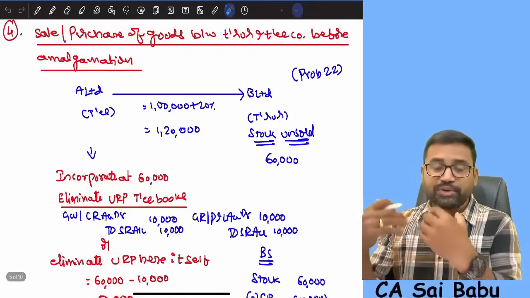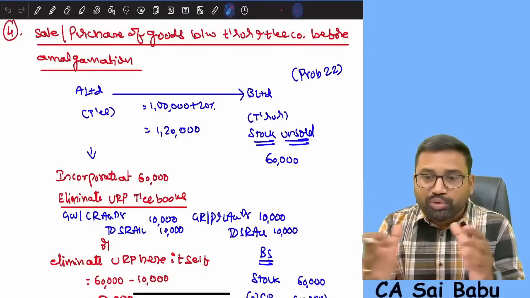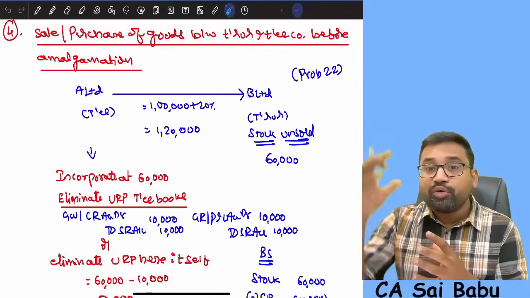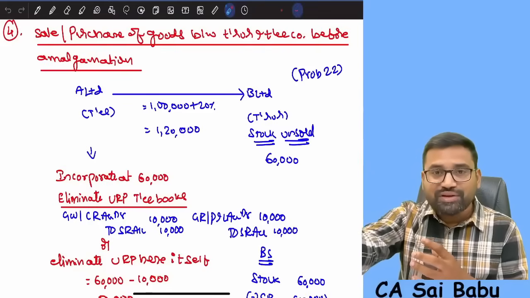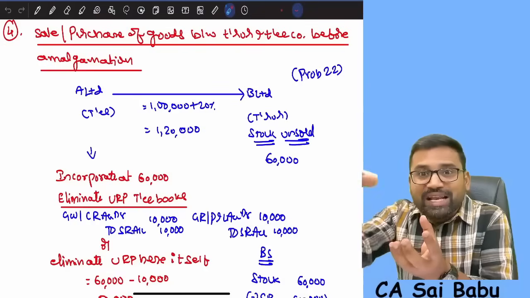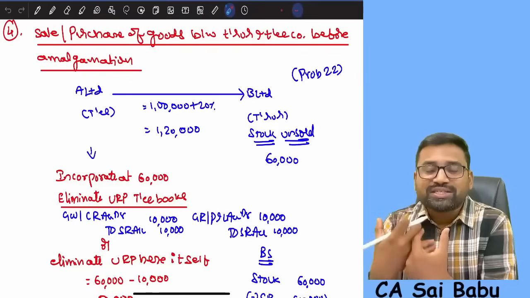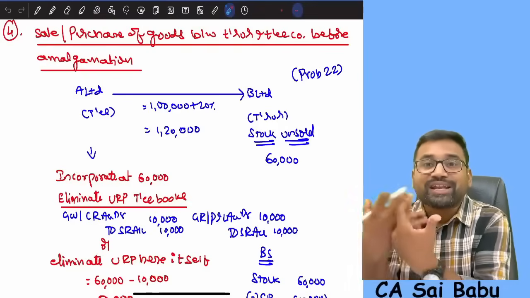When the transferee company sold goods to the transferor company before amalgamation, now both the companies are amalgamating with each other. Whatever the stock is there in the transferor company, right? In that stock, whatever the unrealized profit is, we need to eliminate, because that profit is not relevant for us. It is not yet realized.